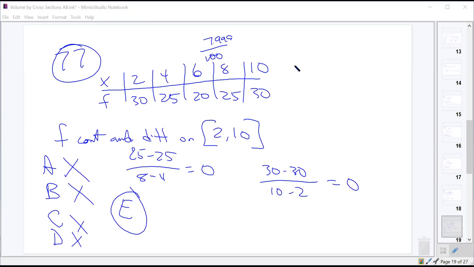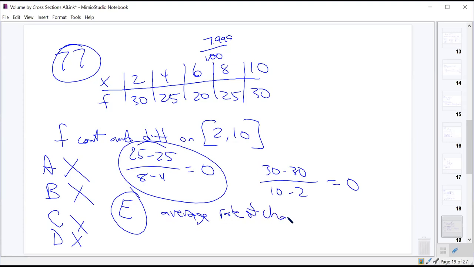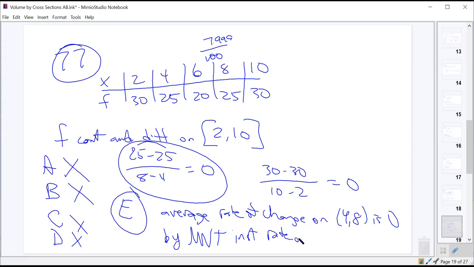We know that somewhere between 4 and 8 the derivative is 0 because the average rate of change between 4 and 8 is 0. So we're going to write the average rate of change on 4 to 8 is 0, which means that by the mean value theorem, because the function is continuous and differentiable, the instantaneous rate of change equals 0 somewhere on 4 to 8.